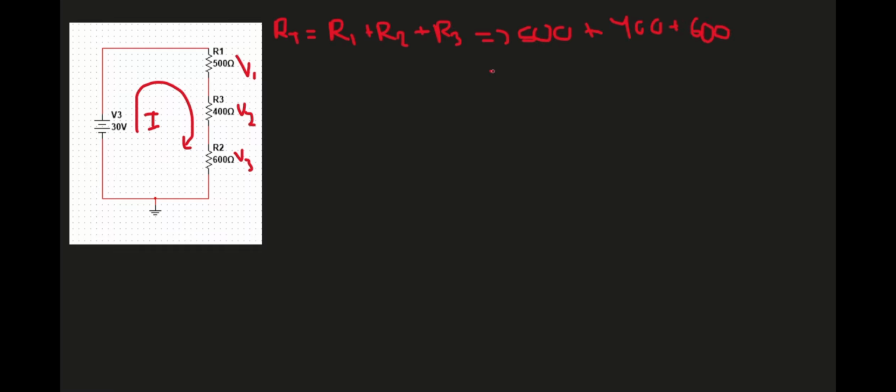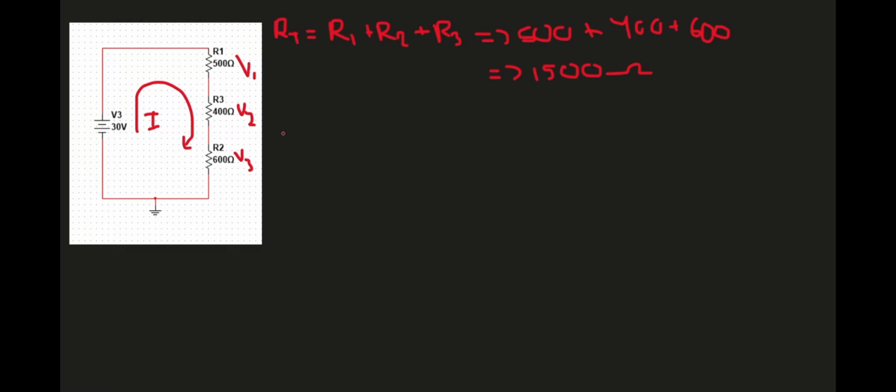If you add these up or put them in a calculator, it should give you 1500 ohms. Now be careful when you're solving equations like these, because if one of these was in kilo ohms, you'll need to convert it to ohms. So 500 plus 400 plus 600 together gives us 1500 ohms.